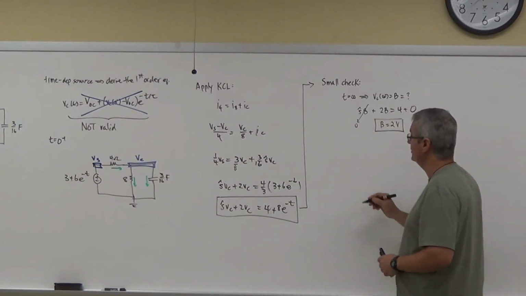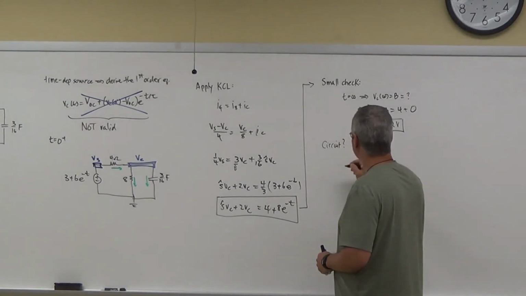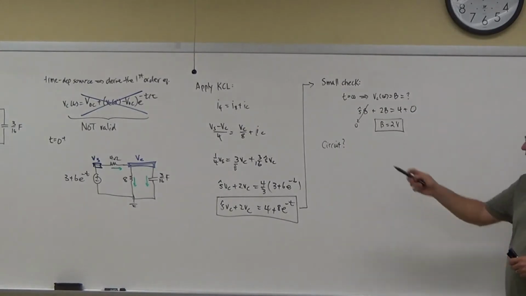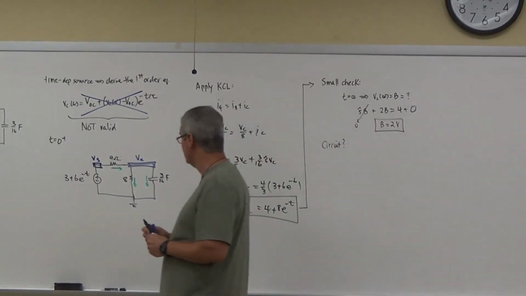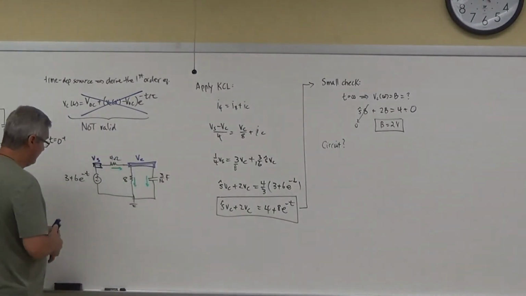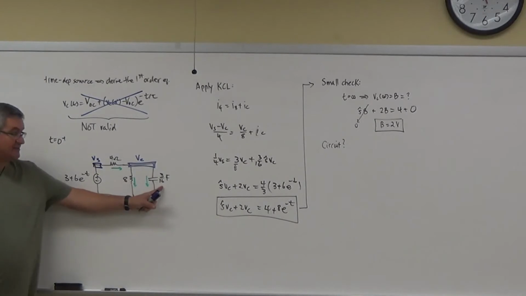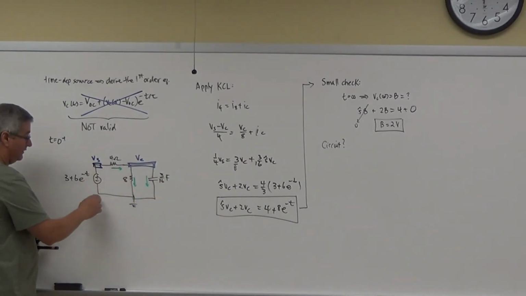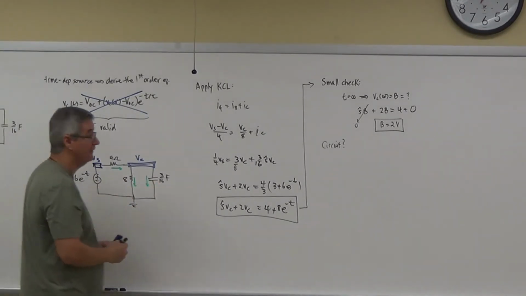The question is, what does the circuit say? I'm going to go back to the circuit now. When I go back to the circuit, what I'm seeing here is that this guy dies off. This guy's an open. So as I go along here, that means that the voltage across this guy must be the same as the V8.